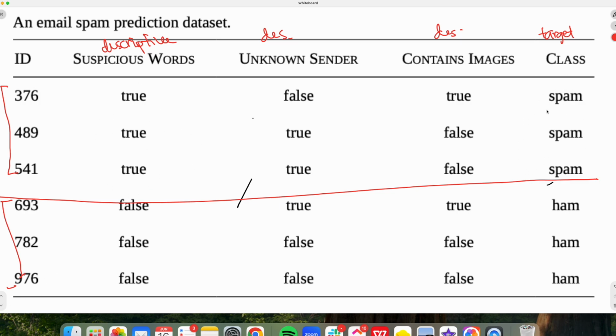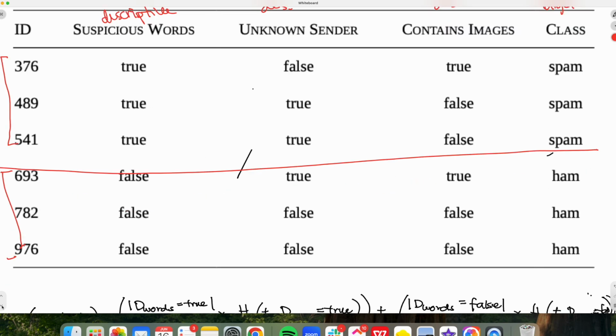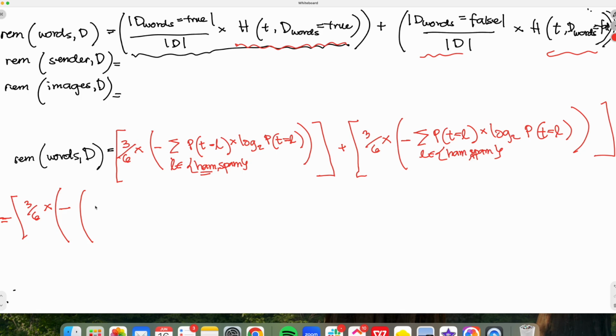So how many ham target values has true values in suspicious words? So there are 0. That is 0 over 3. So we will have 0 over 3 times log of base 2, 0 over 3.